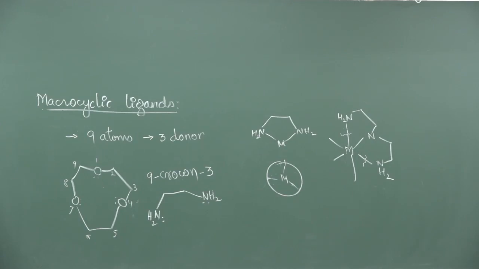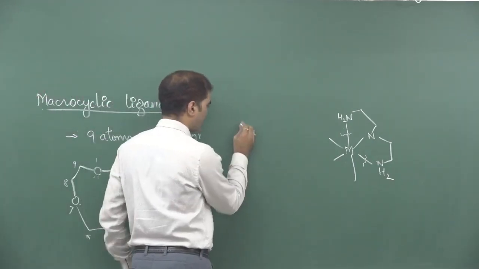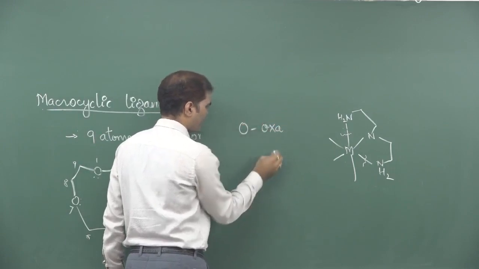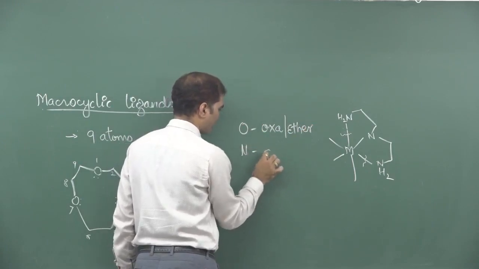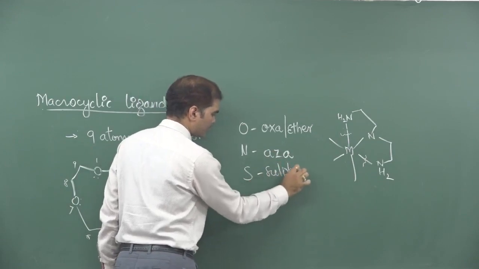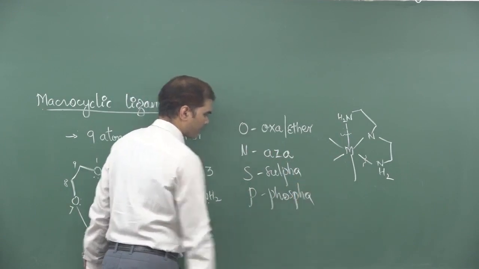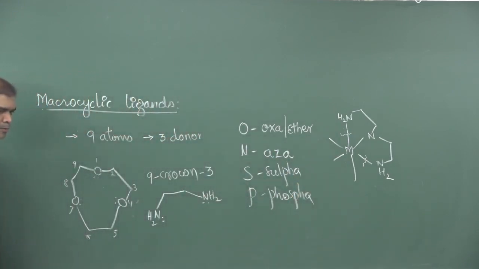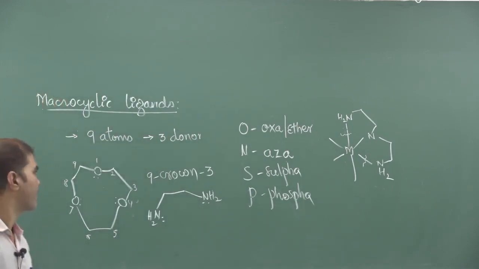The donor atom could be oxygen, in bracket you write oxa or ether, nitrogen, bracket aza, sulfur, bracket sulfa, and phosphorus, bracket phospha.